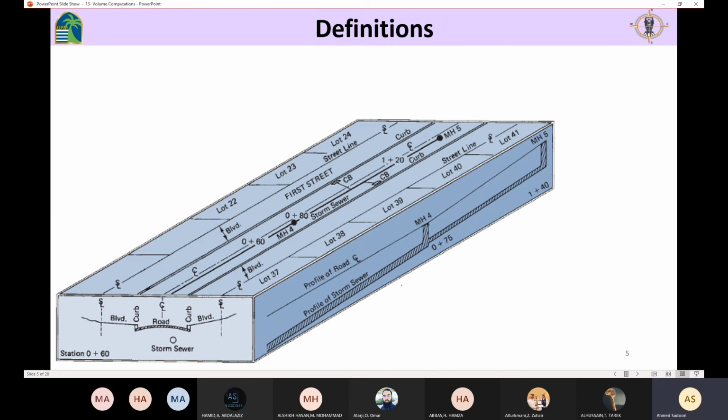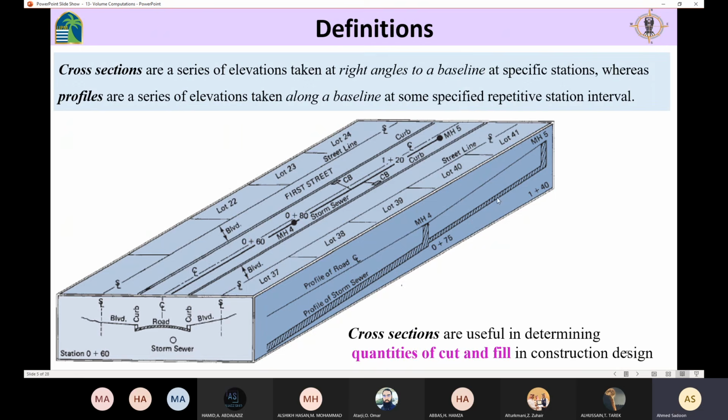If we are going to construct a road, then constructing a road is going to involve a lot of cut and fill. You remember last time we introduced to you, if you have a road, then we are going to have a profile and we are going to have a cross section.